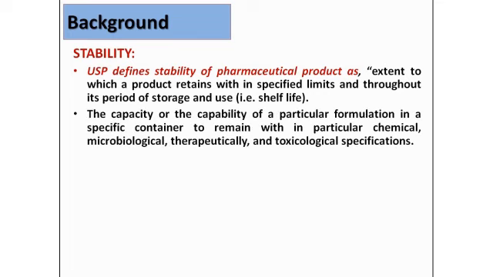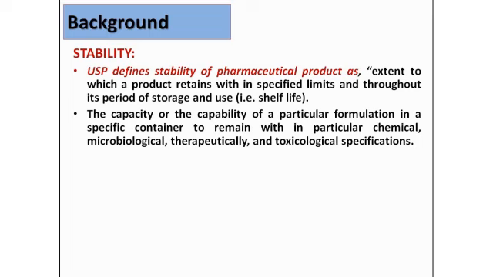So it is the capability of a particular formulation, whether tablet, capsule or any other type of formulation, in a specified container. Suppose we have stored the tablets in a blister package or in a simple container, right? So the formulation in a specific container remains within particular chemical, microbiological, therapeutic and toxicological specifications.